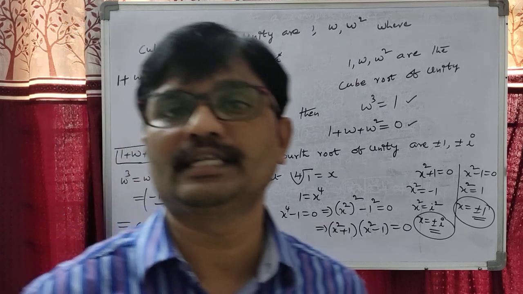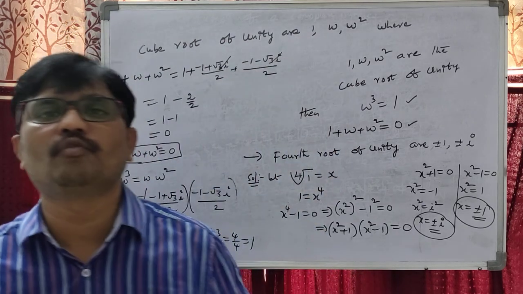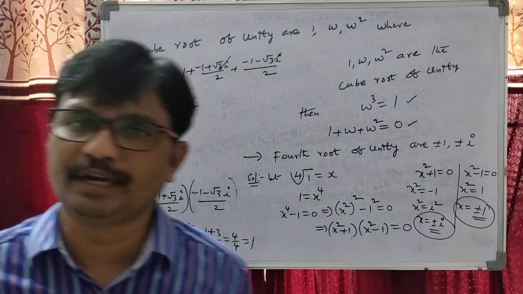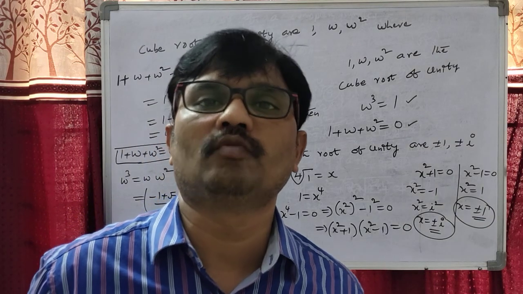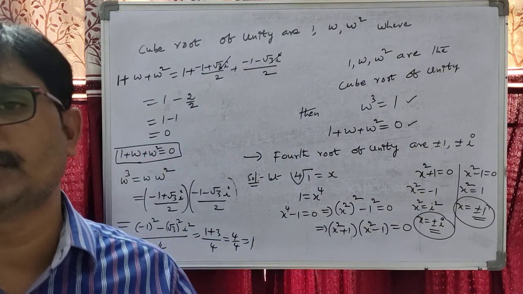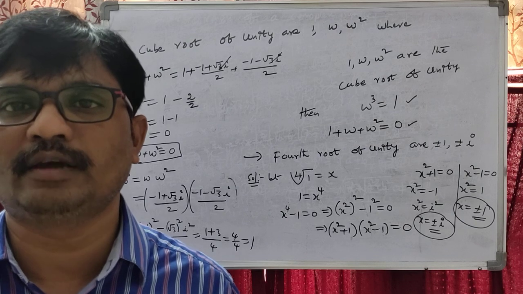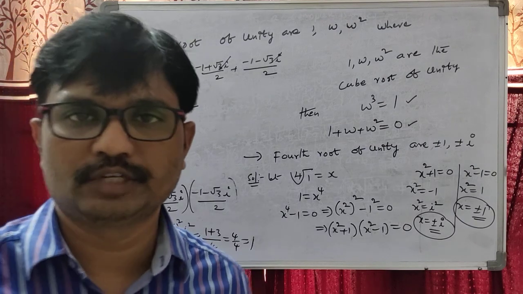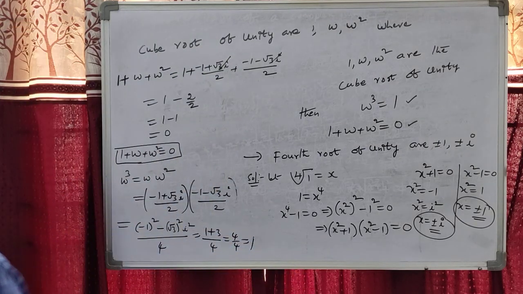Therefore, when 1, omega, omega square are the cube roots of unity, omega cube equal to 1 and 1 plus omega plus omega square is also 0. Okay students?